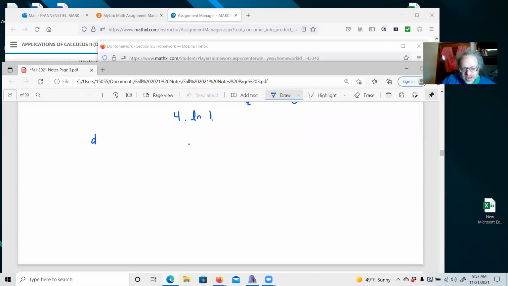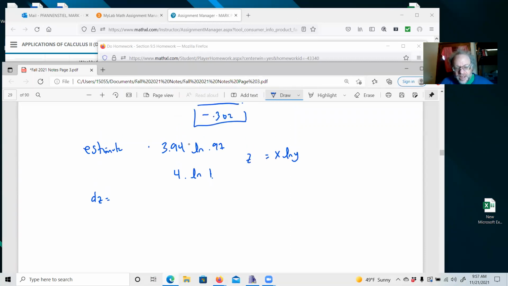So our dz, our total difference, is going to be the differential for this thing.